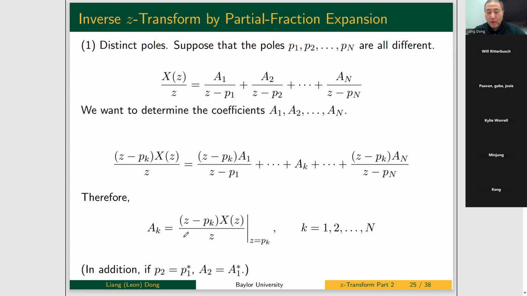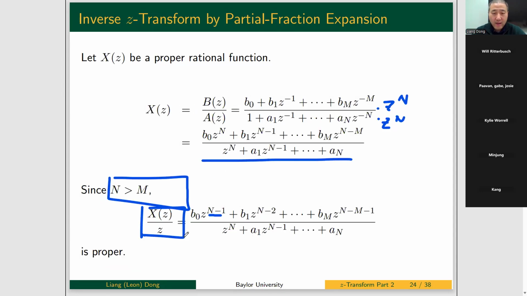If I have a proper rational function, then I can divide it into different components adding together. Suppose I have distinct poles. Let me flip back to the last page. Poles are the roots of the denominator polynomial. How many poles do I have? How many roots do I have for this polynomial? It is n roots, or n poles.